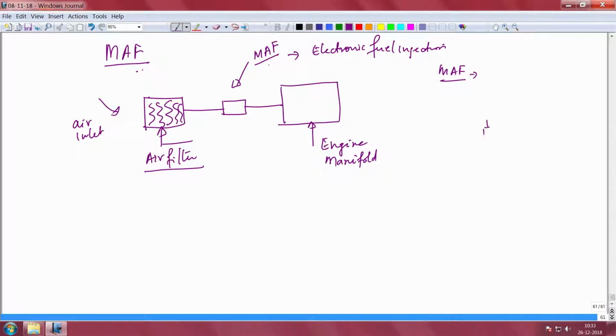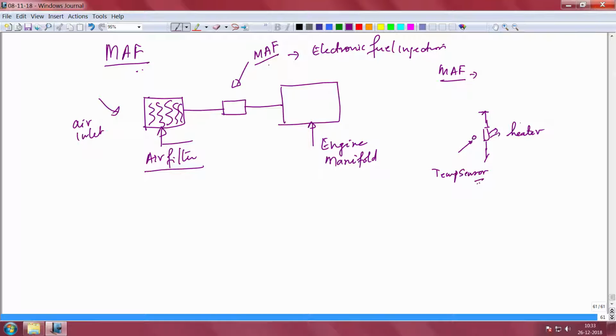Imagine that there is a heater, and I will apply some voltage to it, and it starts heating. Somewhere close by I will put a temperature sensor. It is all inside this, by the way.